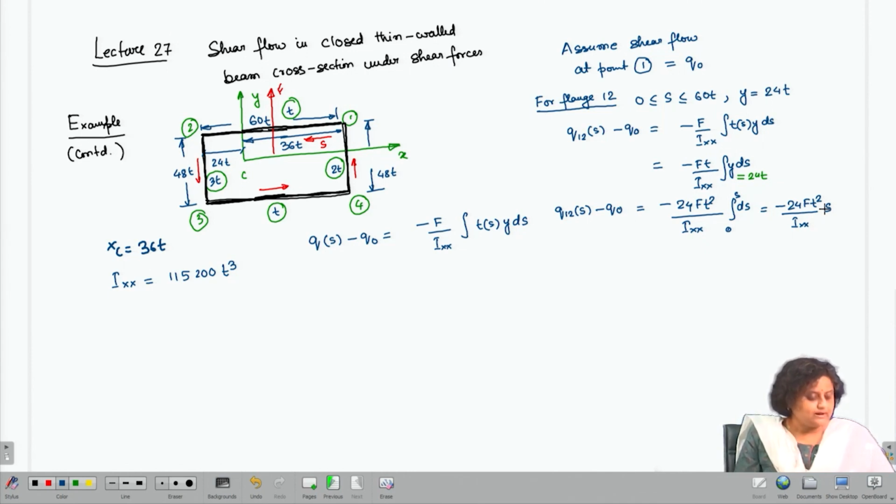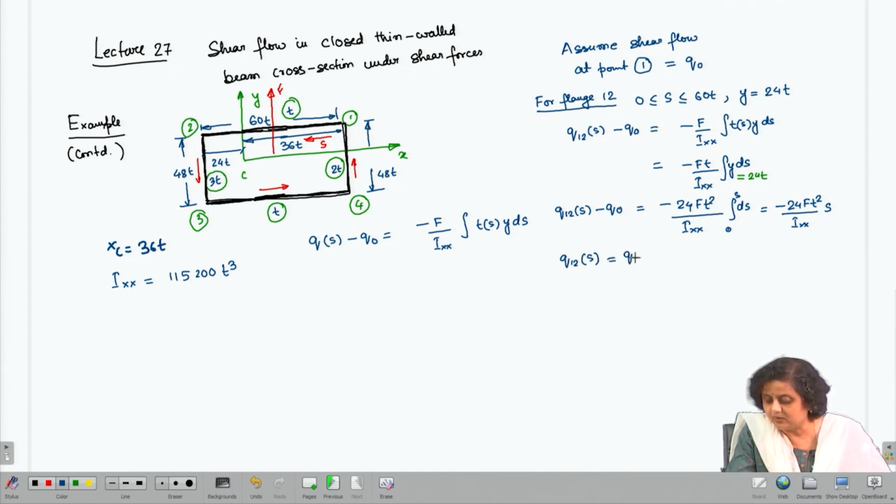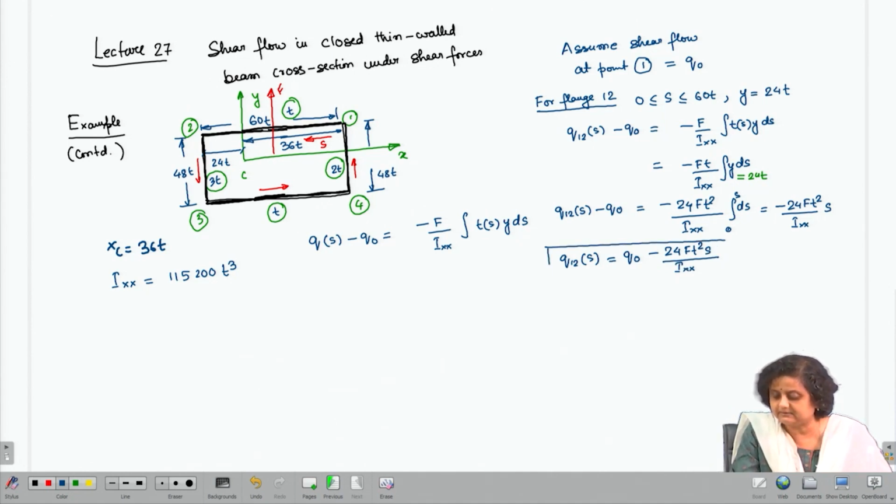We can also write this as Q12S equals Q0 minus 24 F t square s by Ixx. Let me highlight this and call it A.